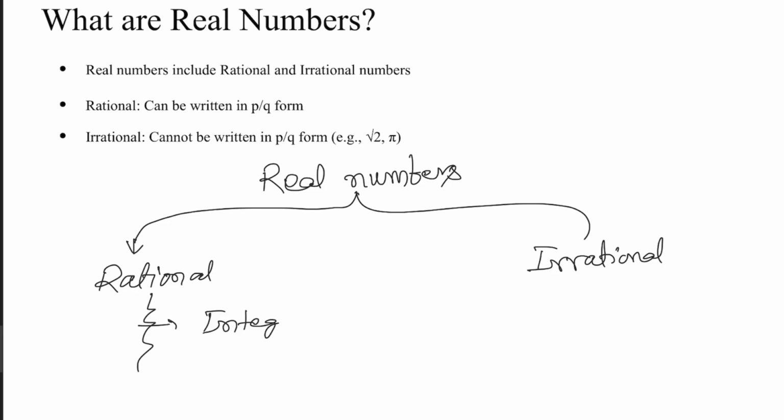Rational numbers also include all the integers, whole numbers and natural numbers.